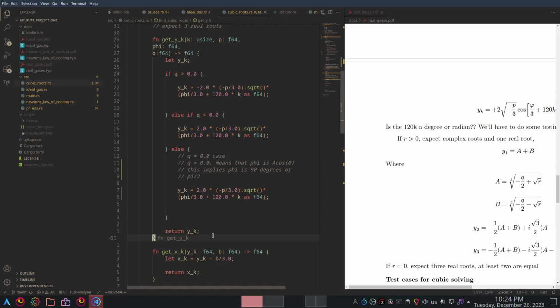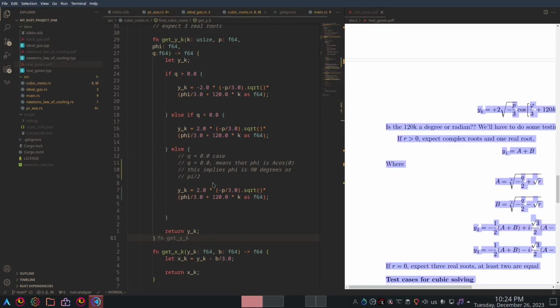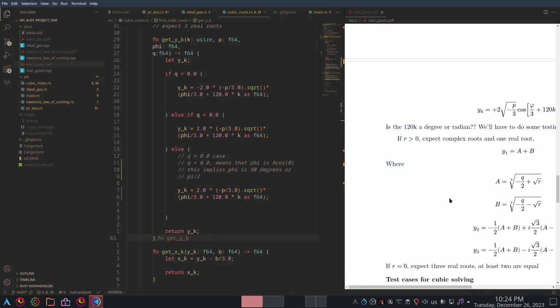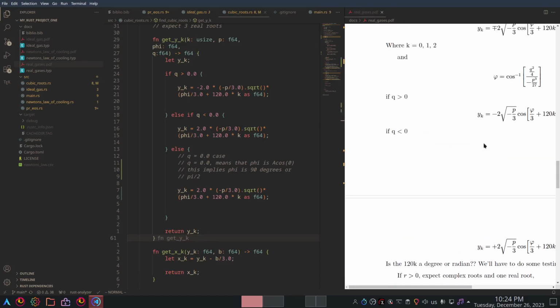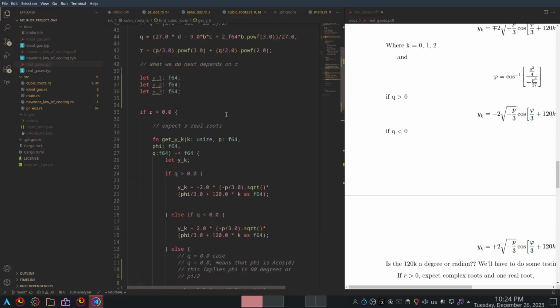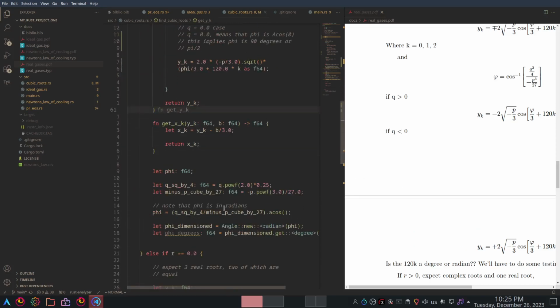Ah, yes. Xk equals yk minus b over 3. So we'll need y1, y2, and y3 first. Right, we need y1, y2, and y3 first. So let's just calculate y1, y2, and y3.